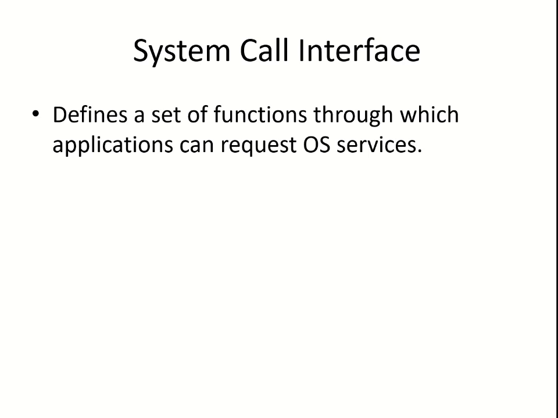How does it work? When a program makes a system call, the execution context switches from user mode to kernel mode, and then the OS can access hardware and perform the requested operation. After the operation is complete, control returns to the user program.